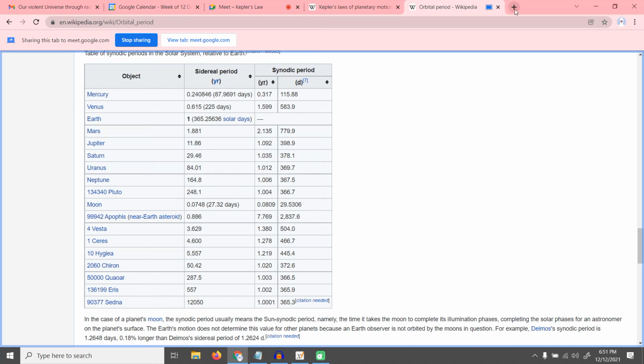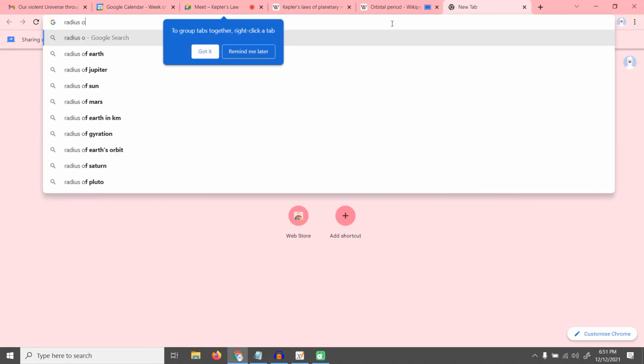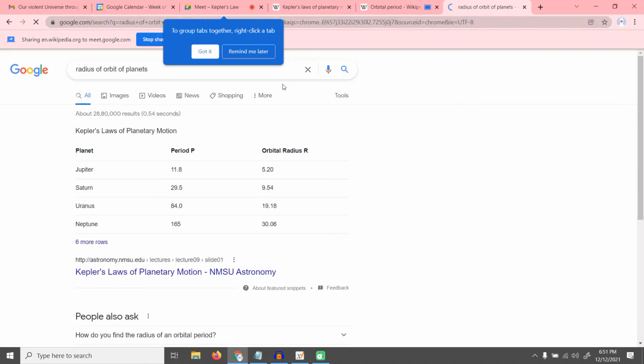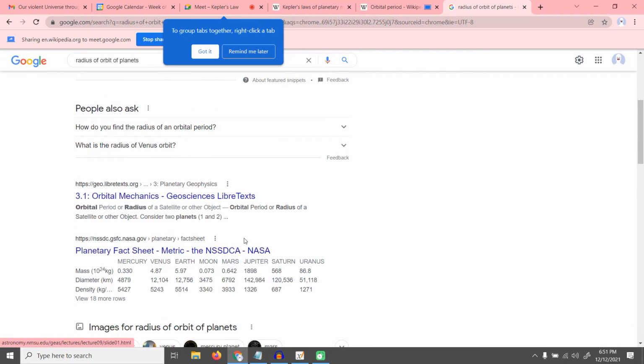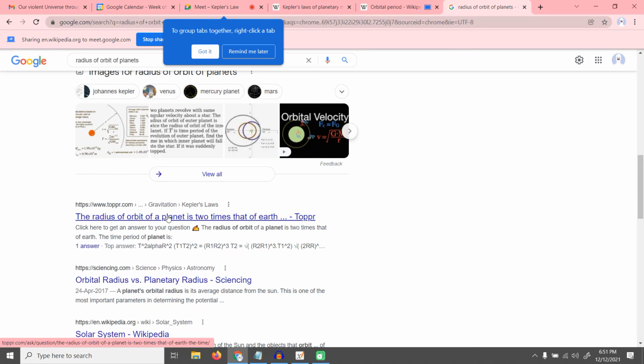And what we can do next is we can always talk about the radius of orbit of planets. That's another thing that we can look at.